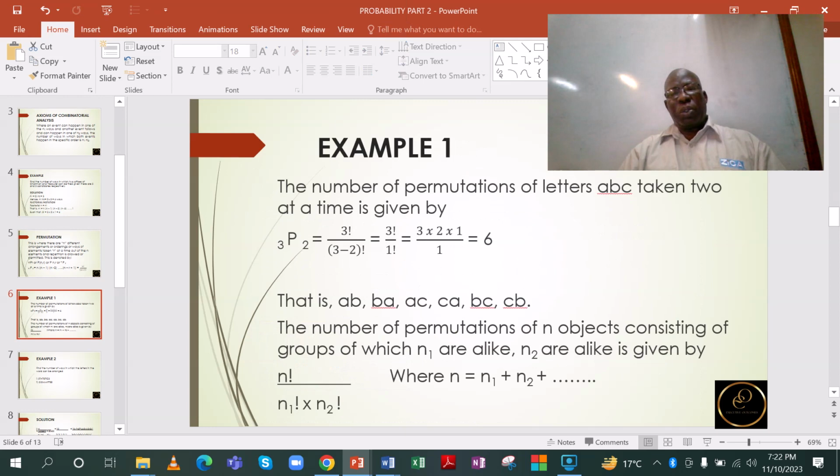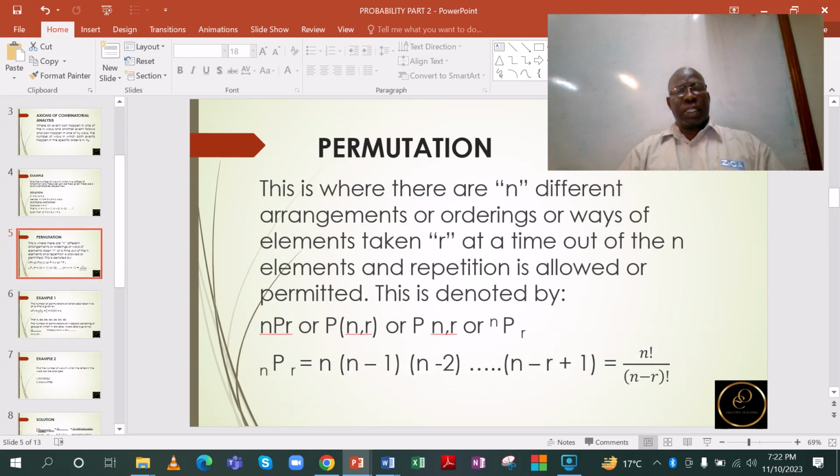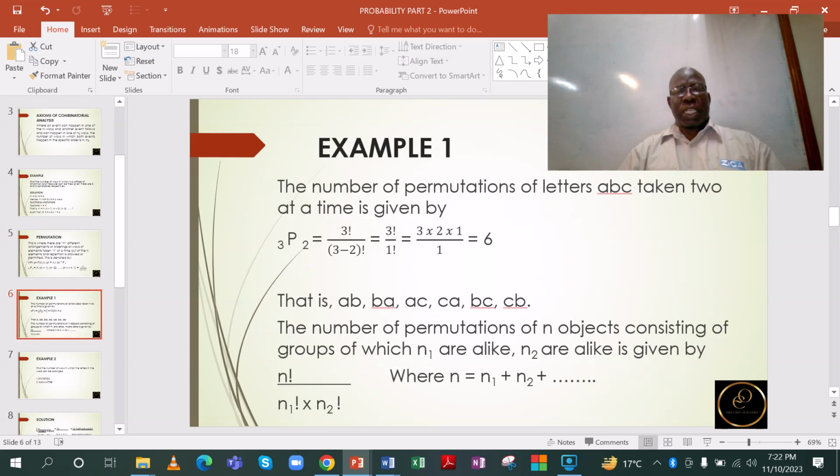So what we do, we look at this formula or model. According to this formula, it is n factorial divided by open brackets n minus r close brackets factorial.